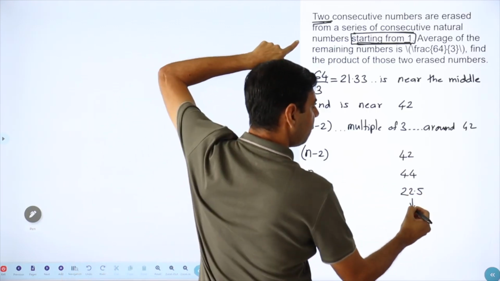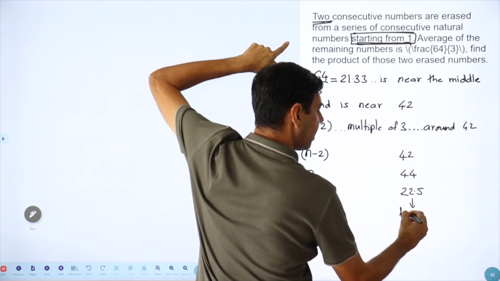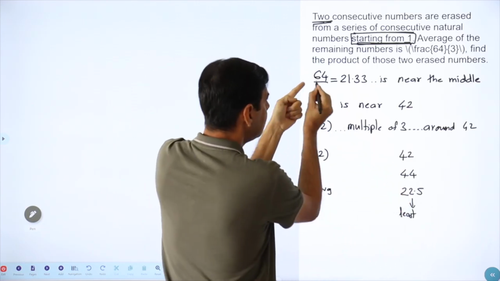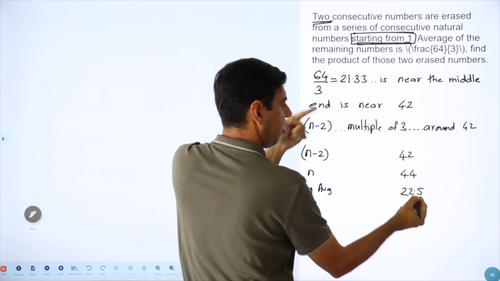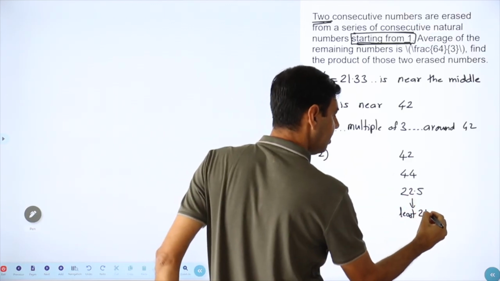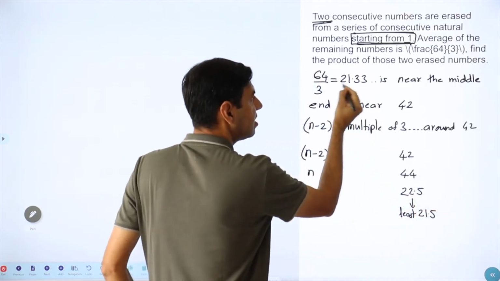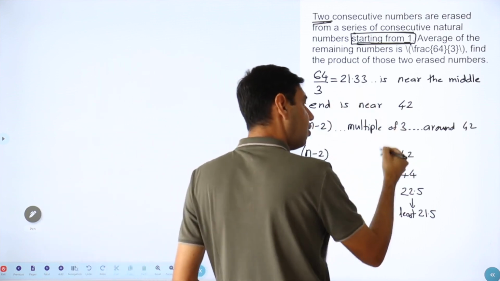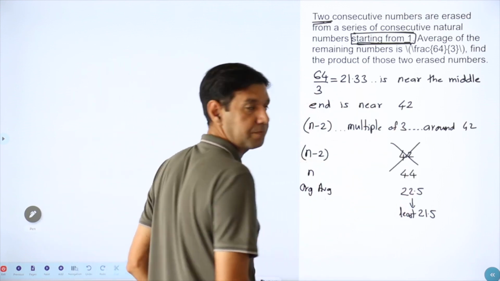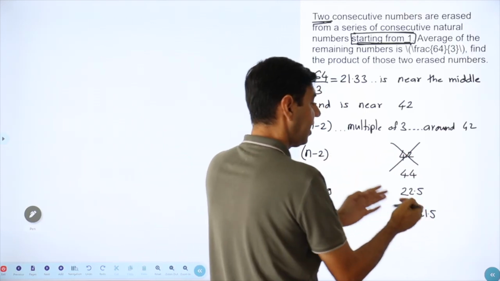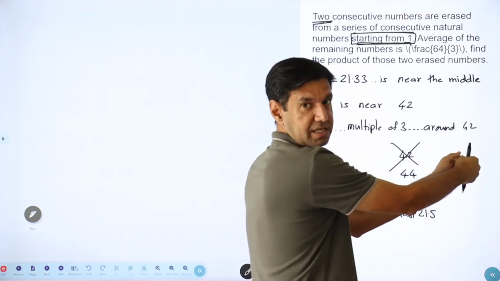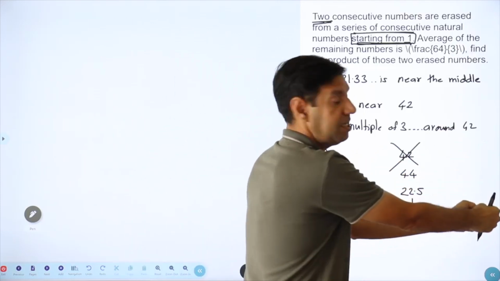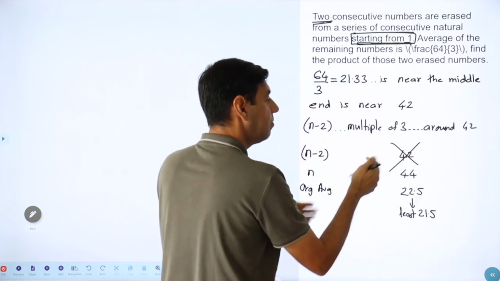So 22.5, the least it can come down to. Why am I talking of least? Because this is less than 22.5. The least the average can be is 21.5. But this is 21.33. So this is not the case, students. If this is not the case, it can't go beyond this. If you go beyond this, the average will still be more than this. So it is going to be less than this.